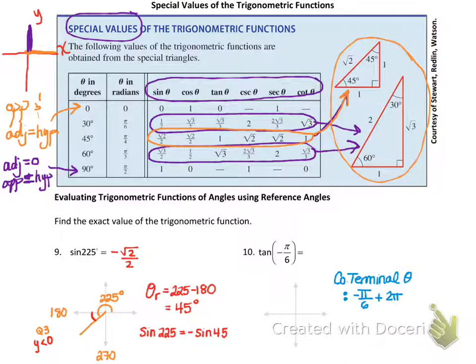So if we want to have the common denominator, this is going to turn into 12, and this is going to be 6. So 12 minus 1 is 11 pi over 6. So now we have an angle measure in radians that is in between 0 and 2 pi.